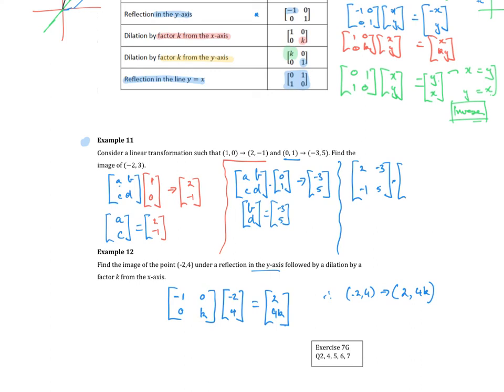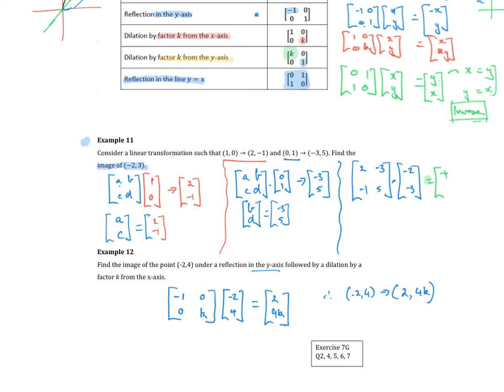And so then I need to find the image of -2, 3. So if I apply that to -2, 3, which was the last part of the question, what does the point -2, 3 become? It becomes 2 times negative 2 plus negative 3 times 3. So 2 by negative 2 is negative 4.